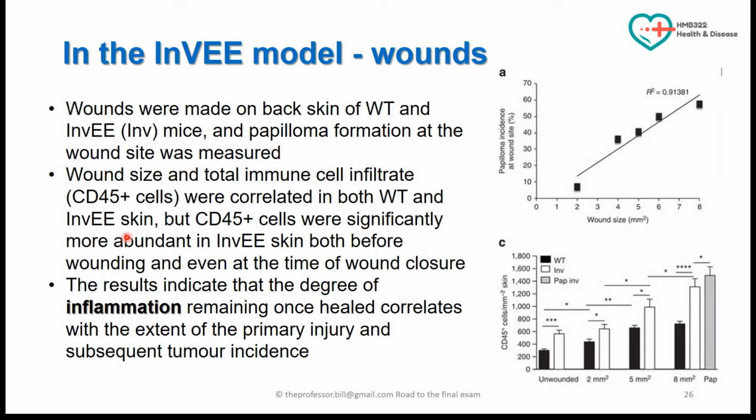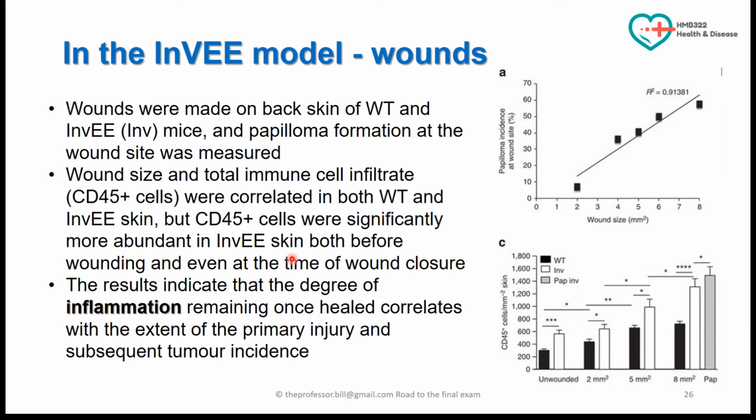And if we take a look, we get immune cells moving toward the area of damage. Not unexpected, right? But one of the interesting things is they were significantly more abundant in the NV skin before wounding occurred. So even before wounding happens, we get a lot of immune cells. We don't know what type they are. We just have a lot of immune cells in the layer of the skin.